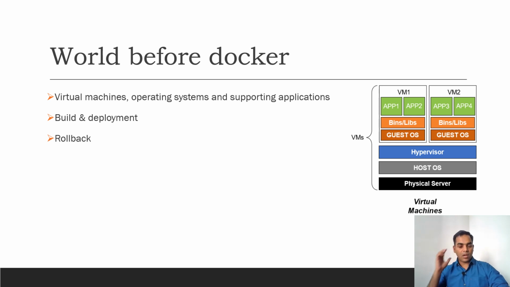Second, the build had to be maintained: what are the steps to build, and all the deployment steps. Everything had to be on a checklist, and based on that we deployed, because if anything was missed out, it would not run.